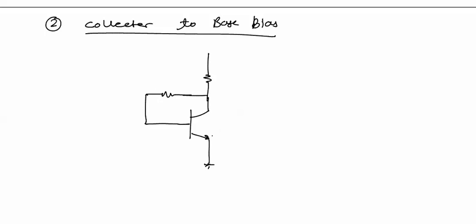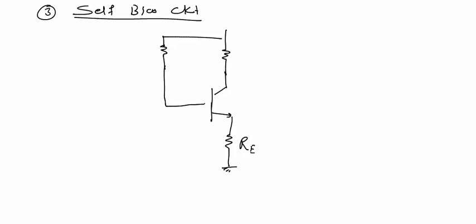The biasing is provided through collector, and the third circuit, which is very important, is self bias circuit. In self bias circuit, we'll have this emitter resistance RE, and rest of the circuit will be similar to fixed bias circuit.